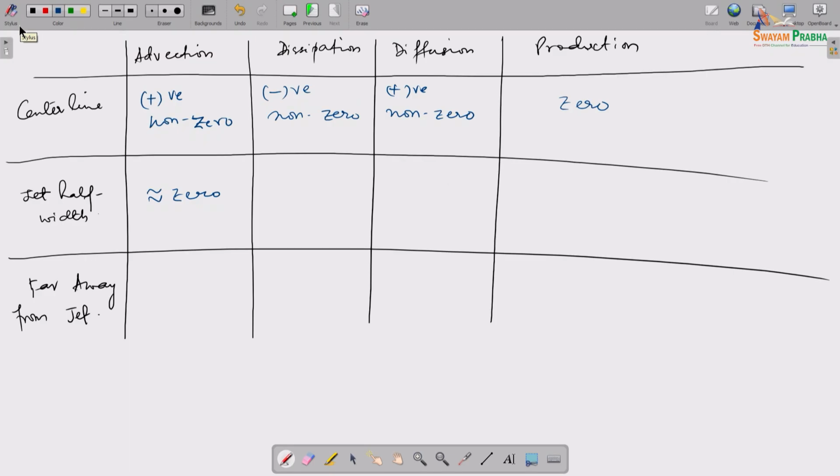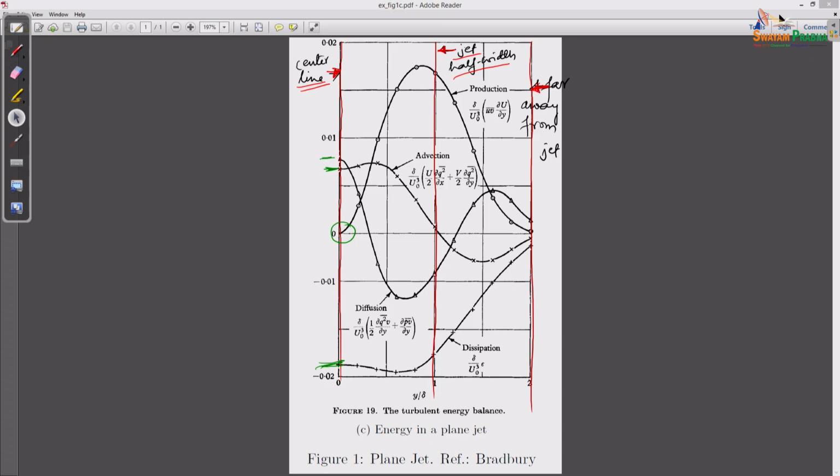So the production is nearly maximum. It reaches the maximum production just before the jet half width. So this is max. And you can actually put in the values also if you look at this. That's the production. Then this is the advection.